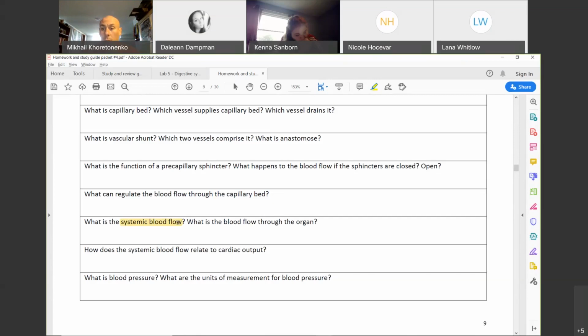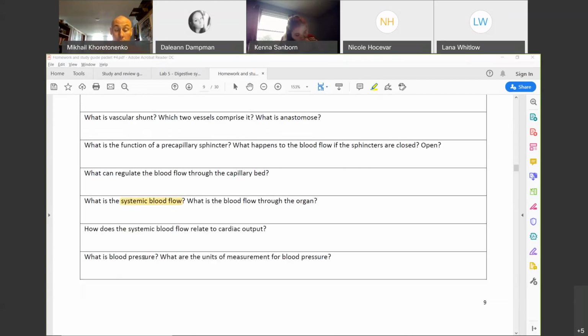Blood flow through the organ is the amount of blood that goes through an organ in a minute. Okay. So systemic blood flow is equivalent to the cardiac output.